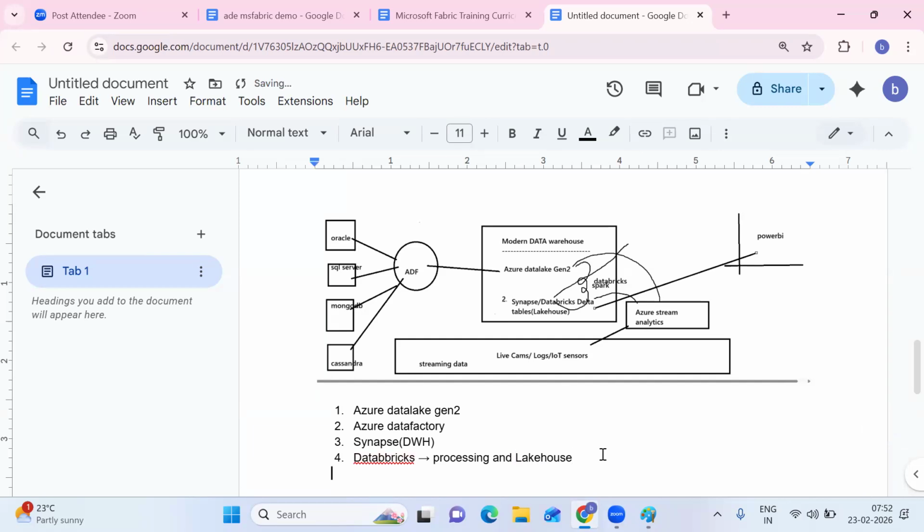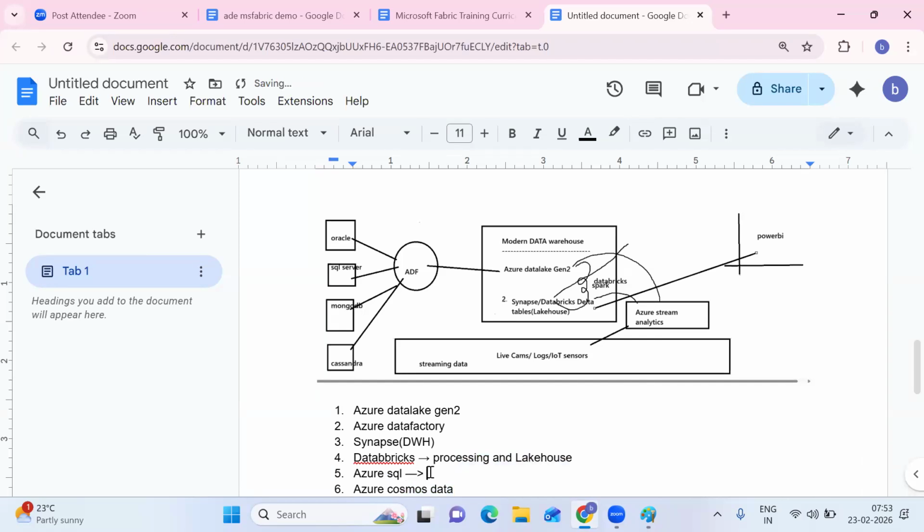The remaining database services: you have two databases here. One is Azure SQL and the other is Azure Cosmos DB. These are not data engineer services. These two are database services.